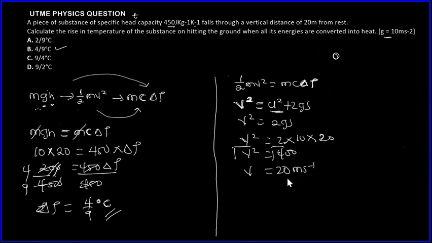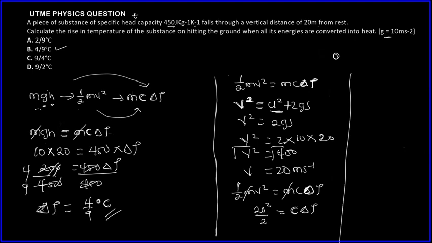So we can now write half mv squared equals mc change in temperature, right? The mass cancels on both sides. So we have 20 squared over 2 equals specific heat capacity times temperature rise.